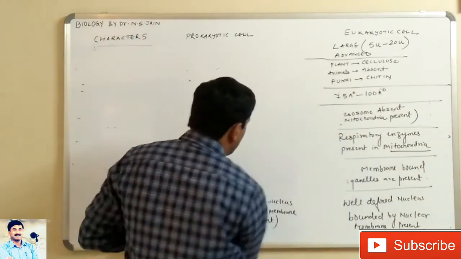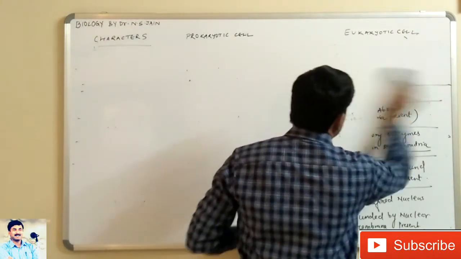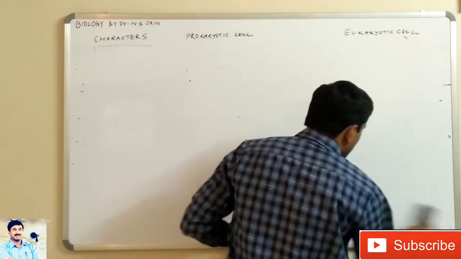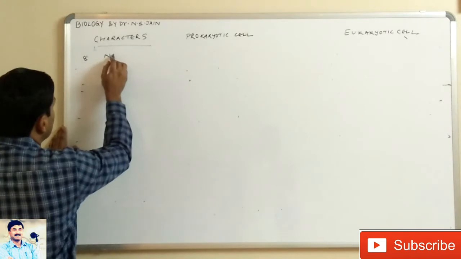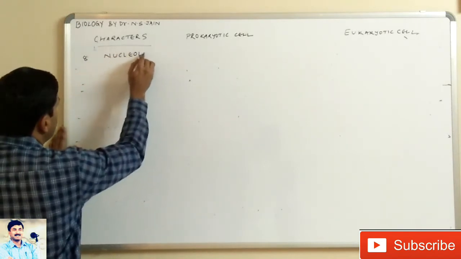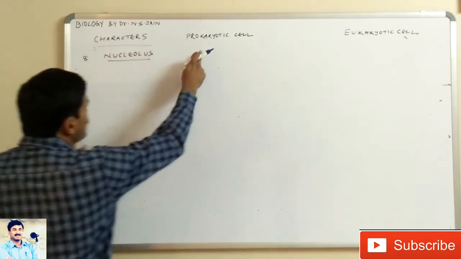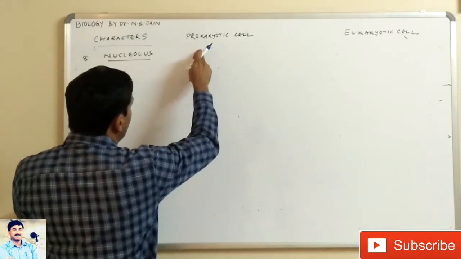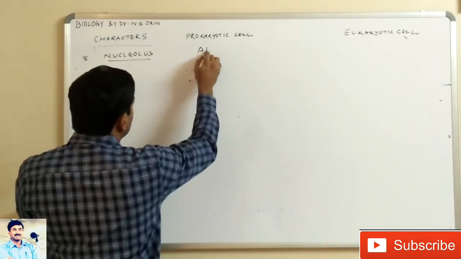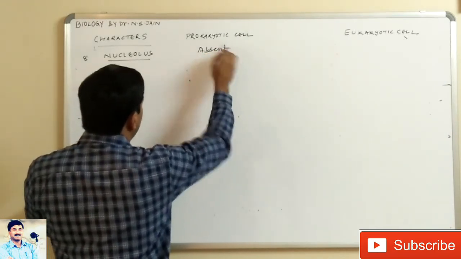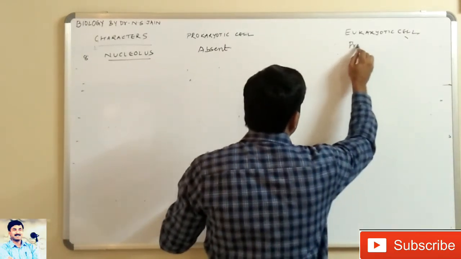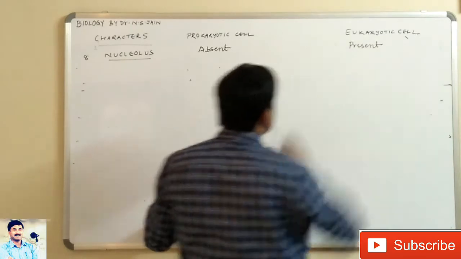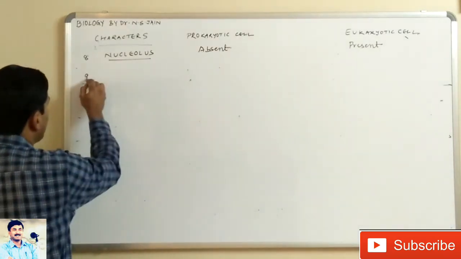Let's talk about the nucleolus. Is it present in the nucleus or not? So the eighth point is nucleolus. As the nucleus is not well bounded by the nuclear membrane, here the nucleolus is absent. Here the nucleolus is present.